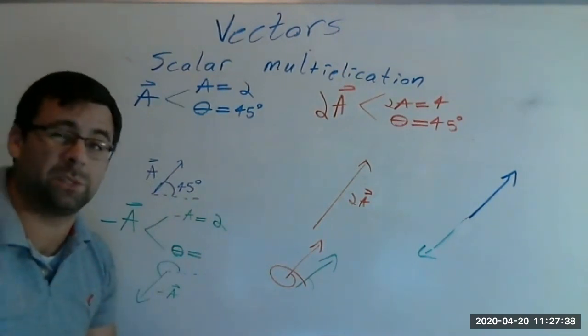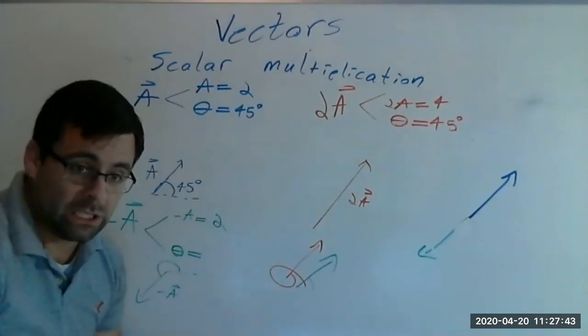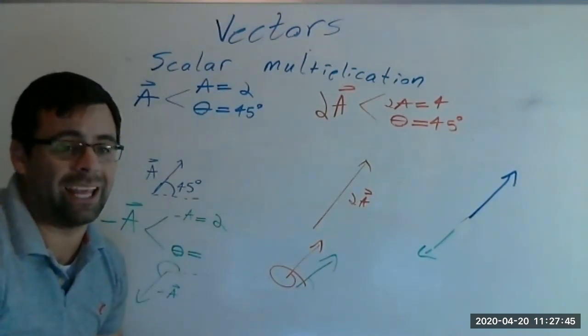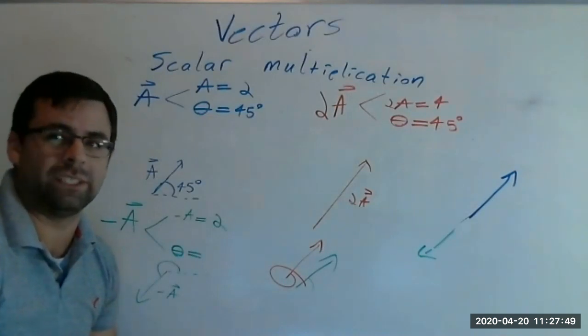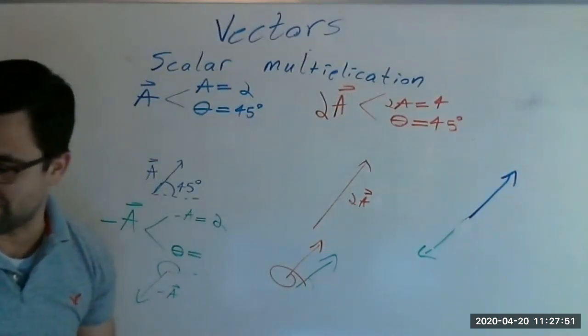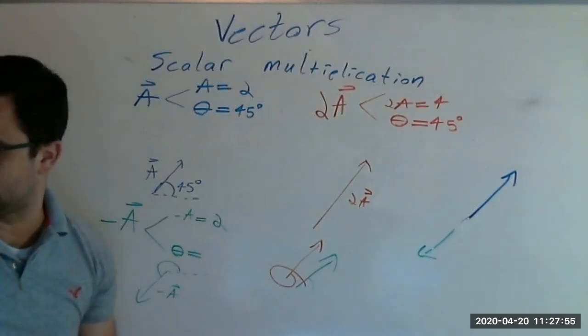Supplementary is when you add them together and they are 180. Complementary is when you add them together and they are 90. So this is neither. As ridiculous as that sounds, I guess.